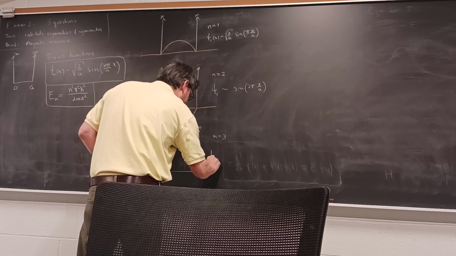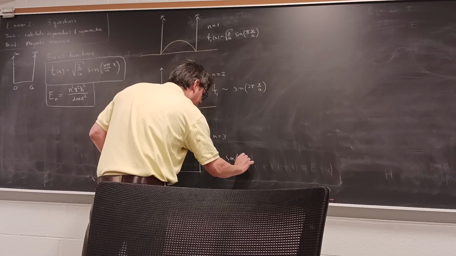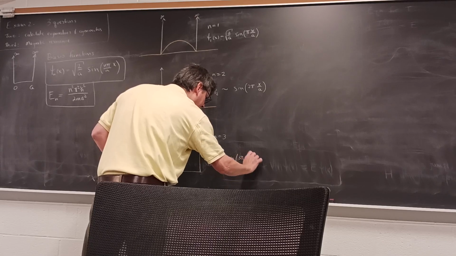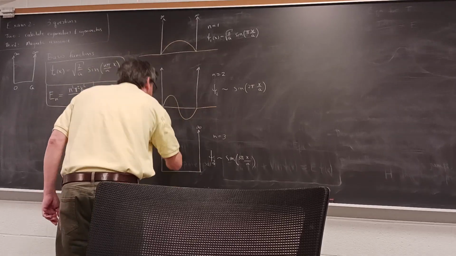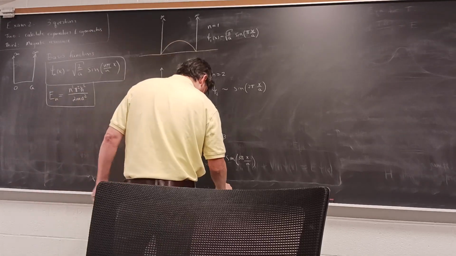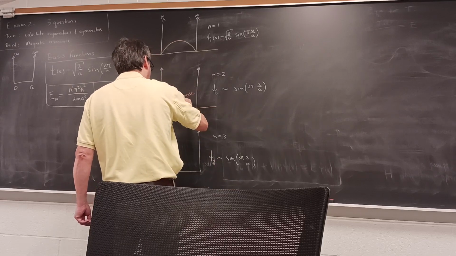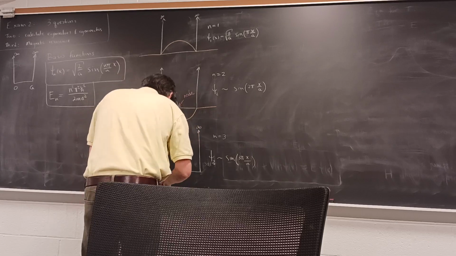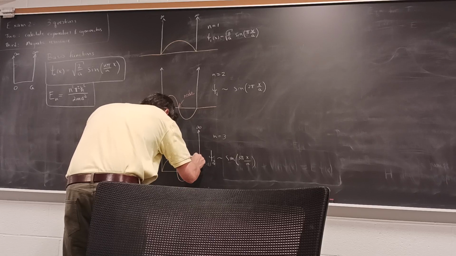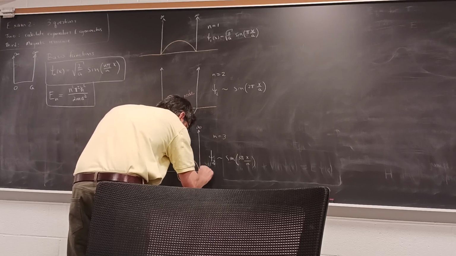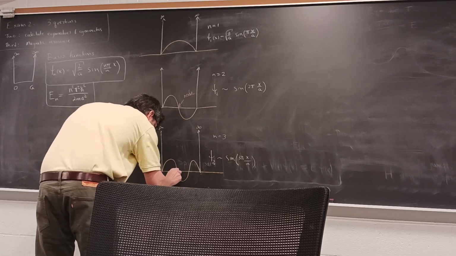Okay, and then we'll do n equals 3. Then psi 3 is like sine 3 pi x over a. So it's going to have another node in the box. So this is a node. So here we have 2 nodes.